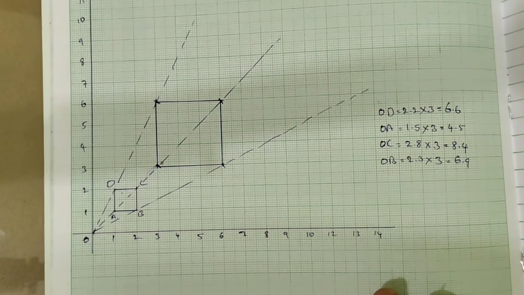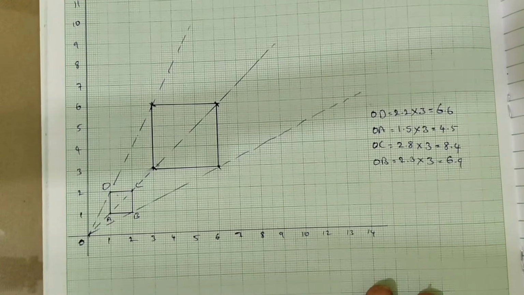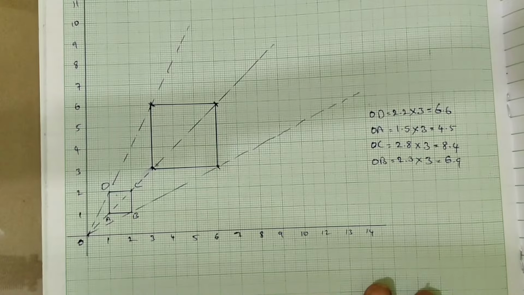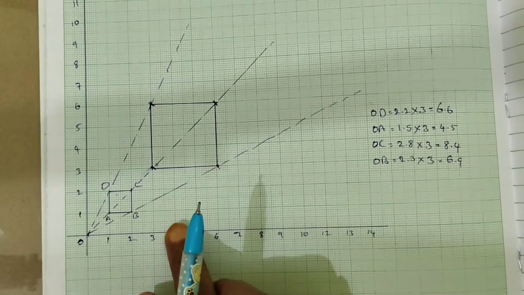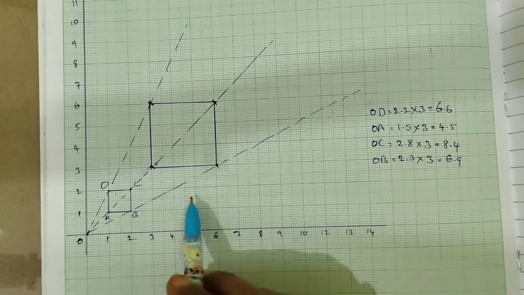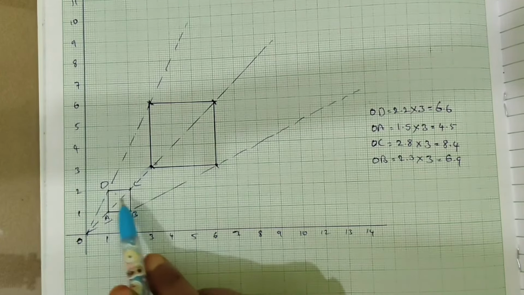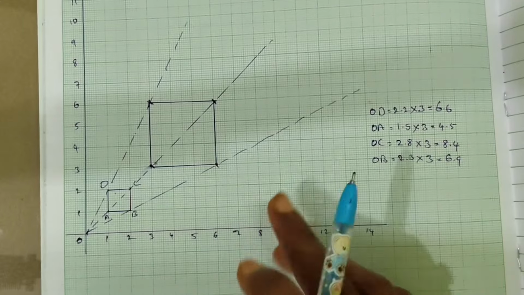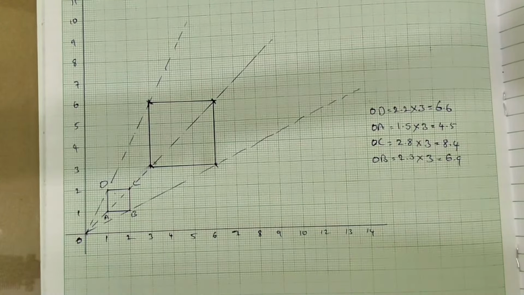So now this is the diagram of the 9th question, the dilation of scale factor 3. We take the 1 unit square, and this is the dilated scale factor 3 diagram.